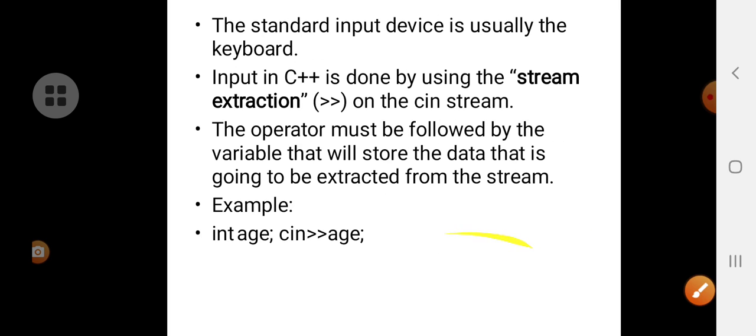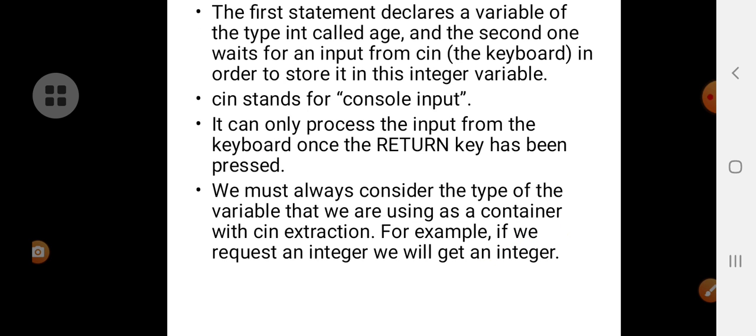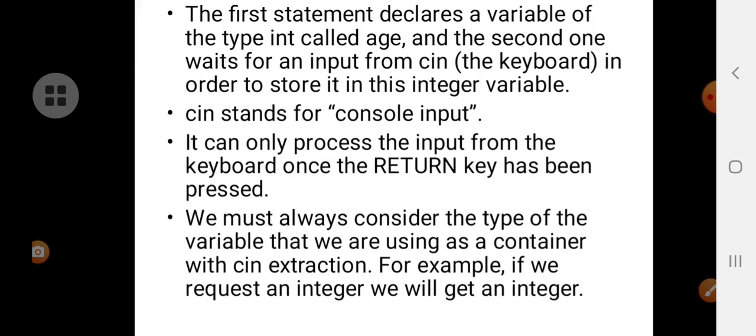This is how the input operator is explained. The first statement declares a variable of type int, age. The second one waits for the input from the keyboard in order to store it in the integer variable.